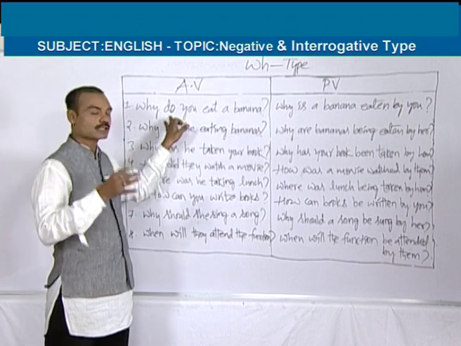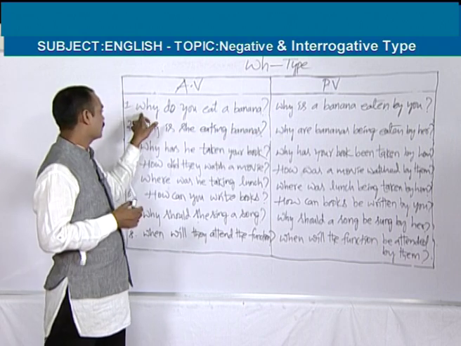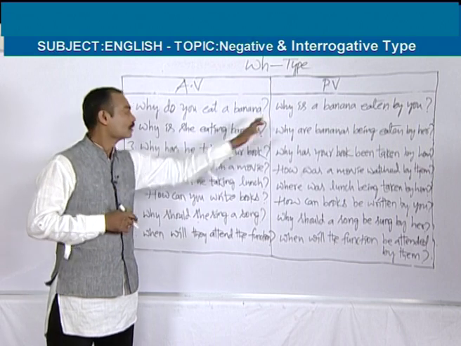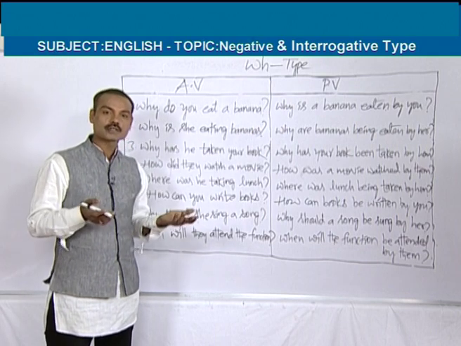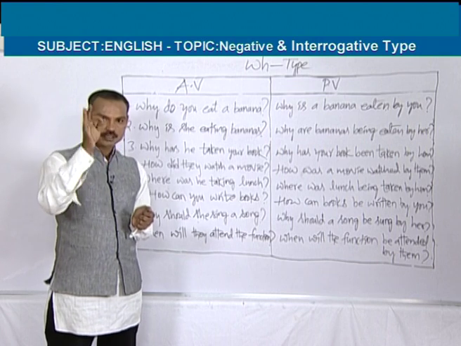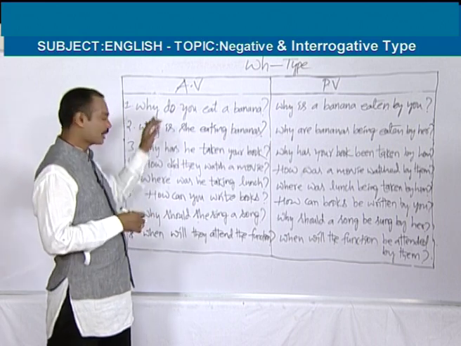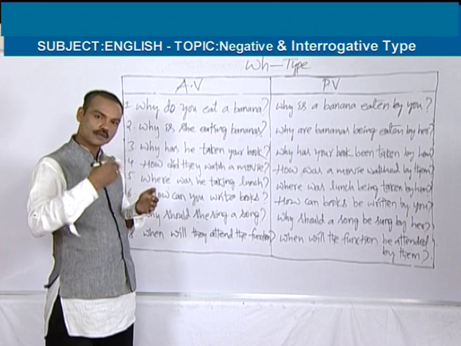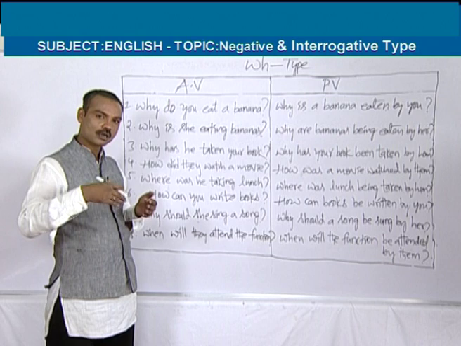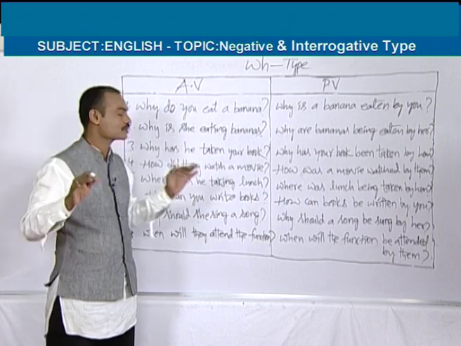If the active voice starts with where, the passive voice also should be started with where. If the active voice starts with how, the passive voice also should be started with how. So friends, if the active starts with what or where or when or why or how, even the passive voice also should be started with the same WH type words.